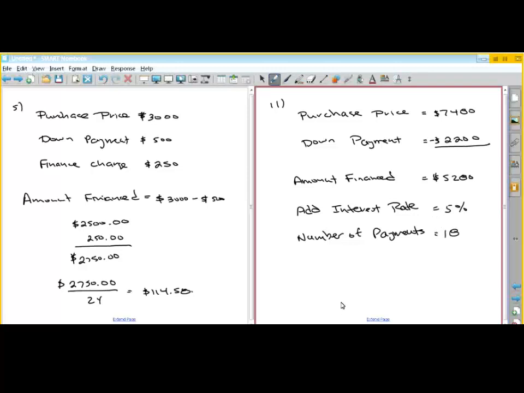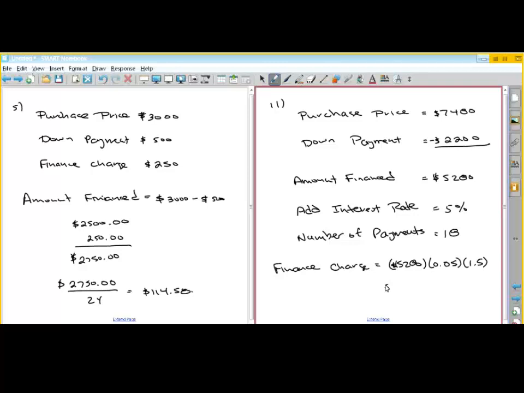Okay, so now what do we do? Well, you have to figure out what the finance charge is. So the finance charge, in the case of an add-on loan, is going to be equal to the amount financed, which is $5,280, times the yearly interest rate, which is 0.05, times the number of years, which is 1.5. 18 months is 1.5 years.